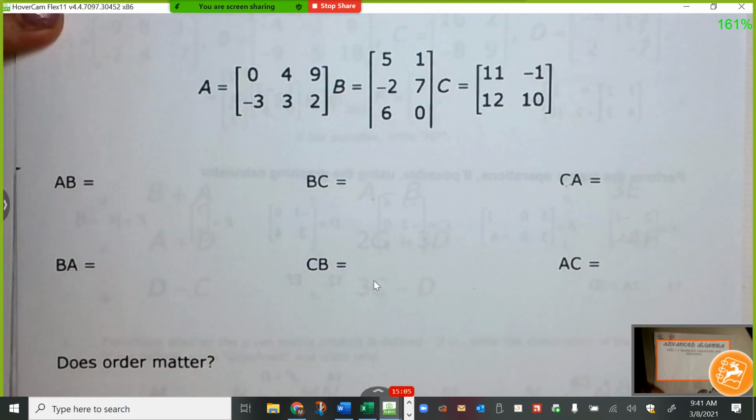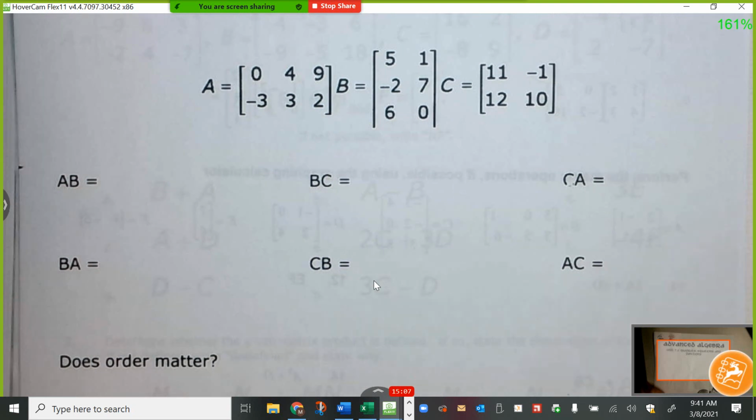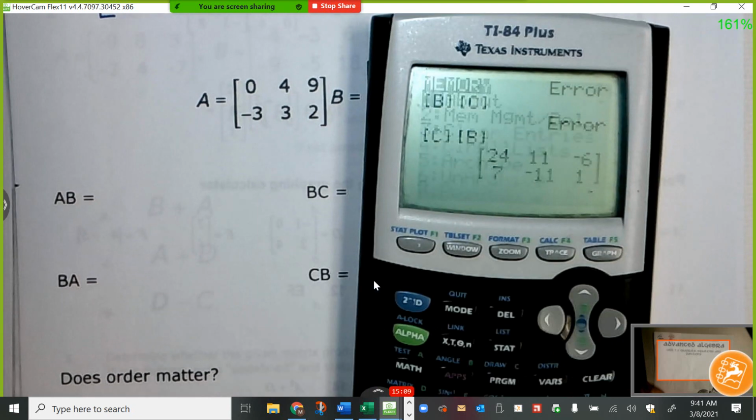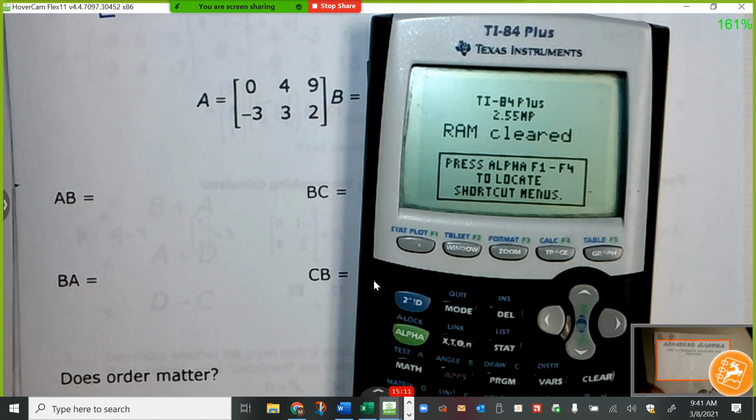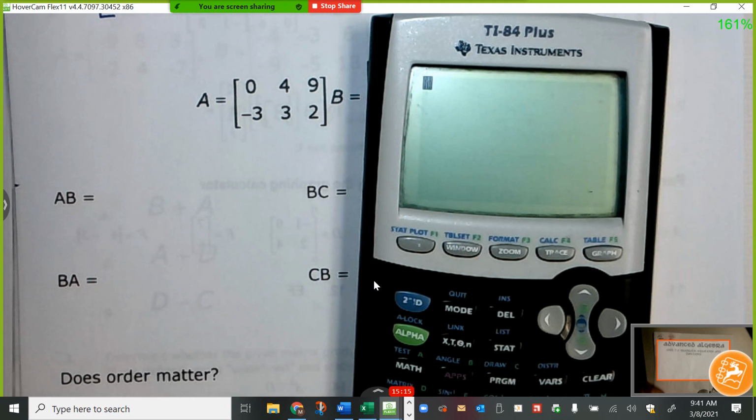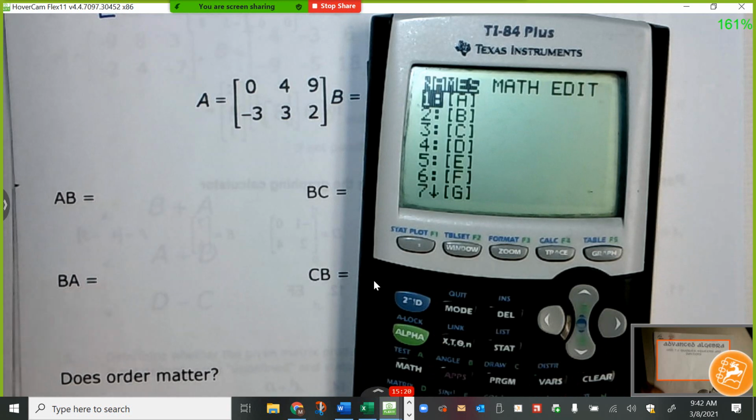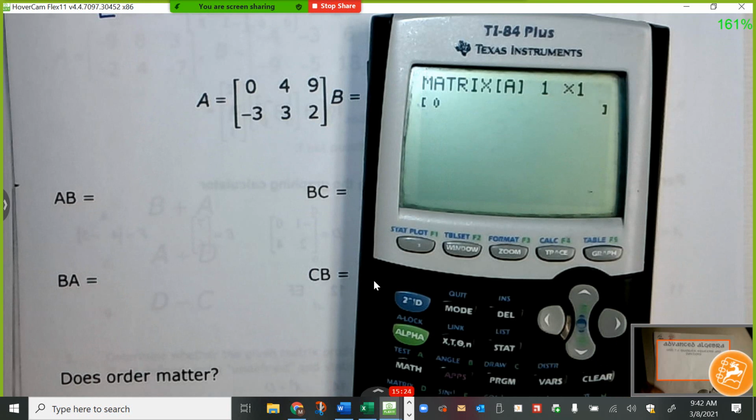Okay, so here, I want you to realize our matrices are different. So I'm going to do second plus 7, 1, 2. And I'm going to go second matrix. Since I'm putting them in, I have to go over to edit. So A is a 2 by 3. 0, 4, 9, negative 3, 3, 2.